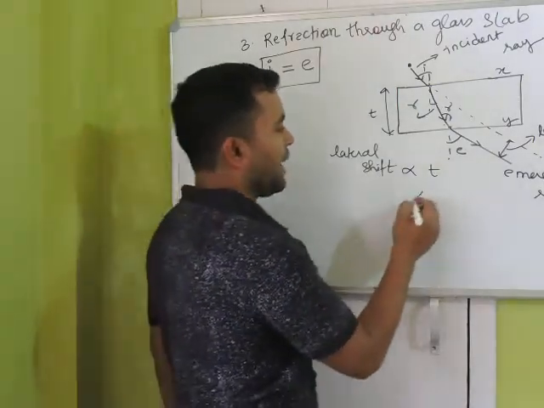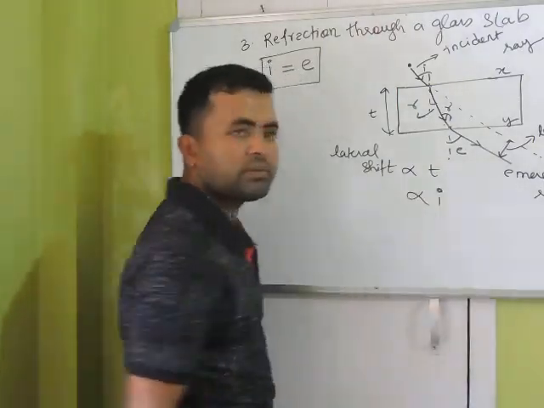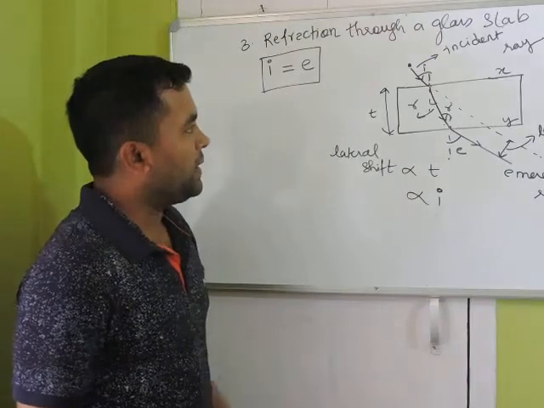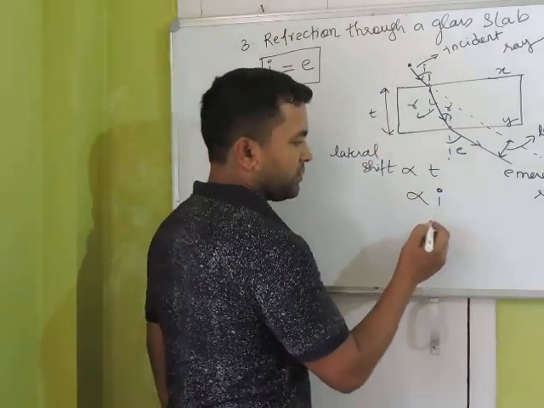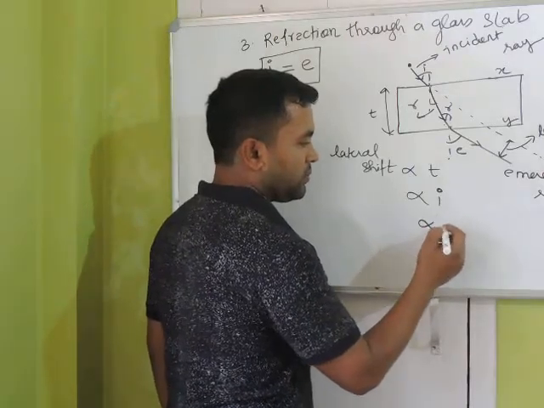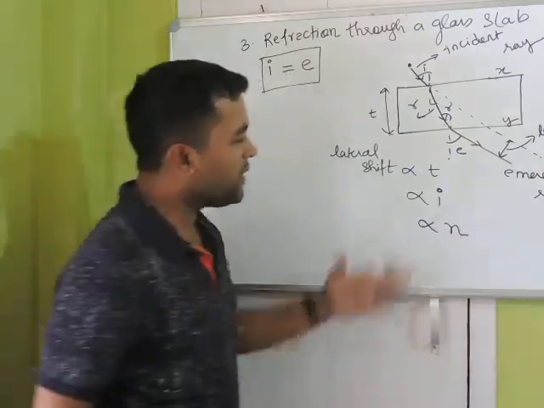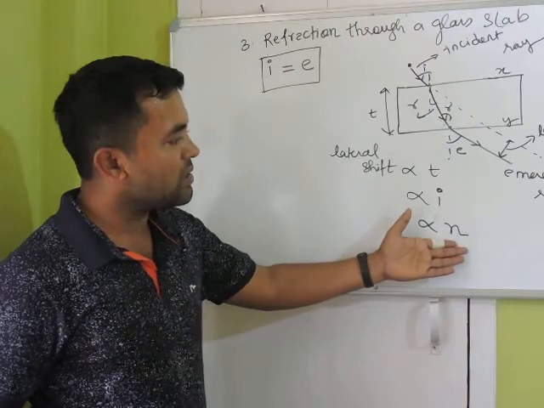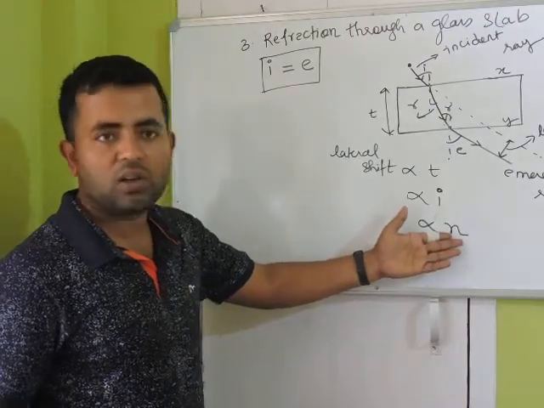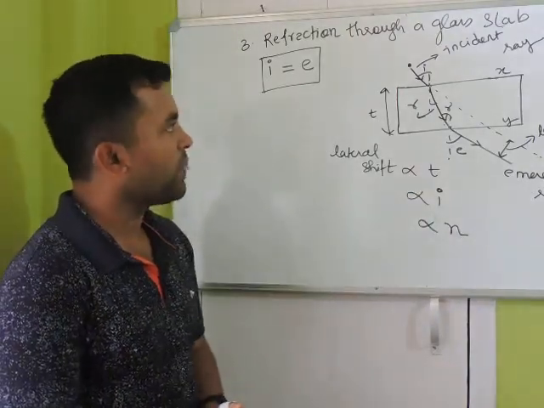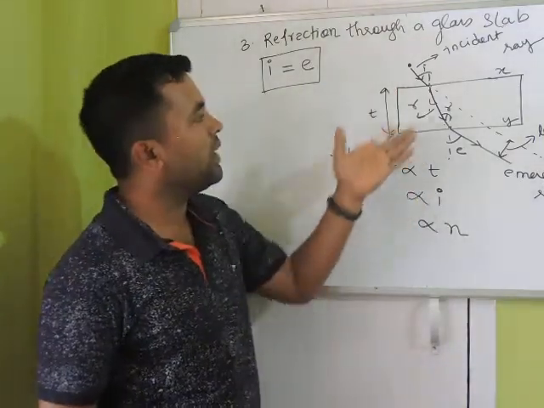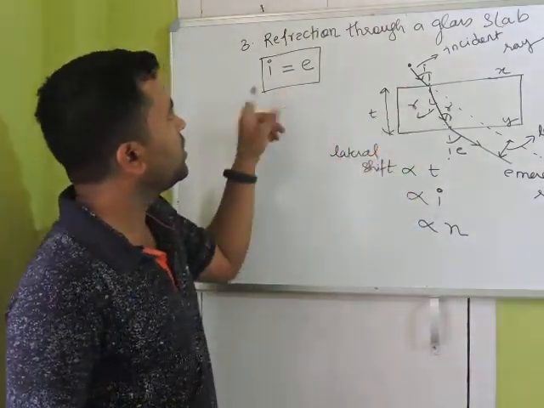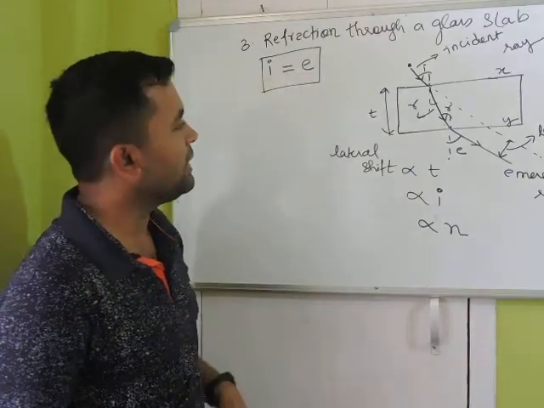It will depend on the angle of incidence, and it will depend on refractive index. And if anything depends on refractive index, it will obviously depend on the wavelength of the light used. Refraction through a glass slab, you can see the last lecture and find out how to prove I equal to E.